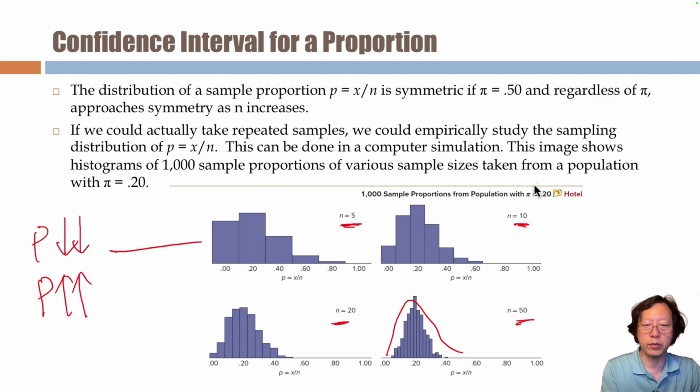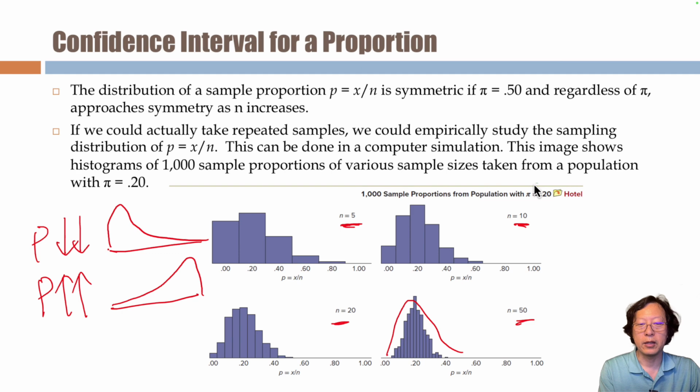When this is really small, this can happen, right? And then if the probability of success is too big, then this can happen. Then this is a lot skewed, then you will need a lot of sample size to justify the normality.